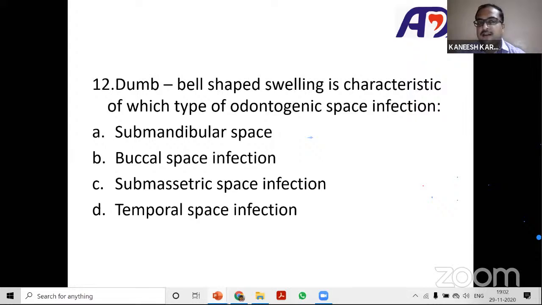Dumbbell shaped swelling is characteristic of which type of odontogenic space infection?